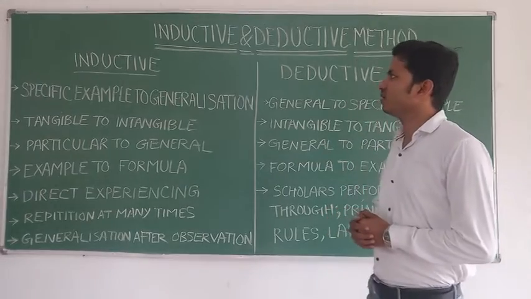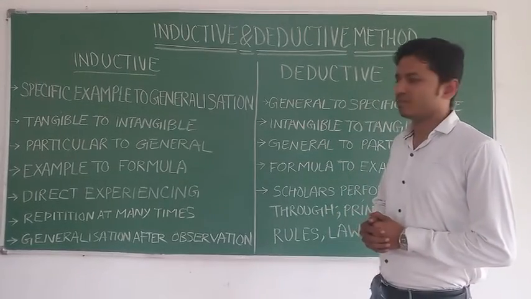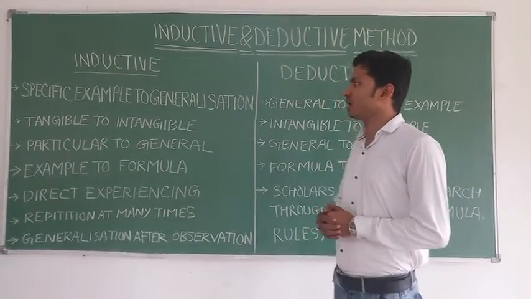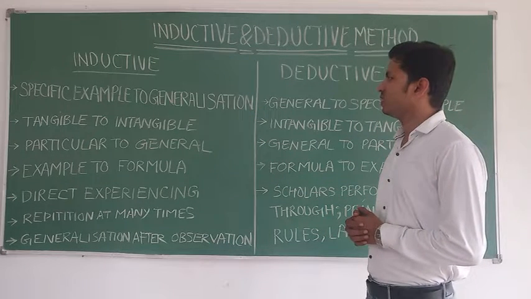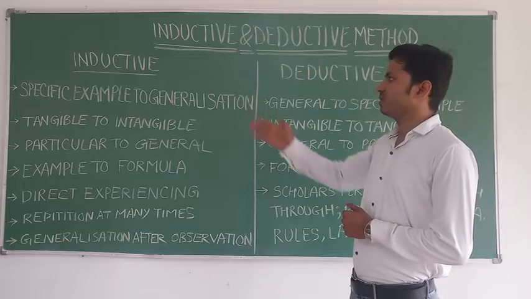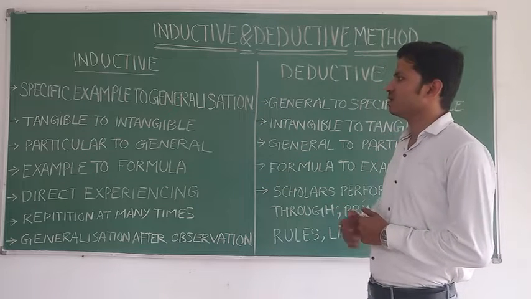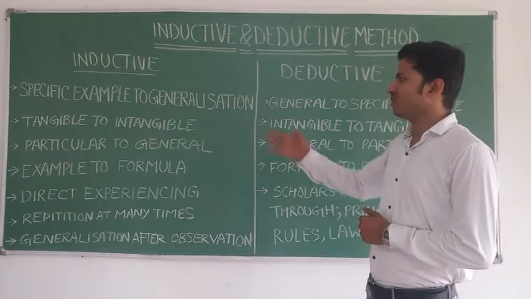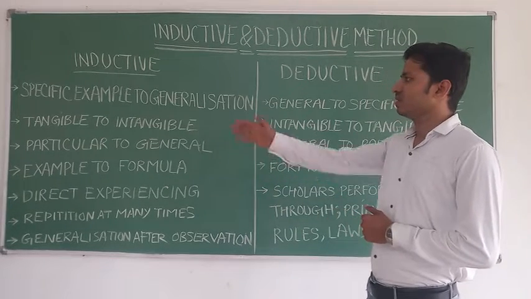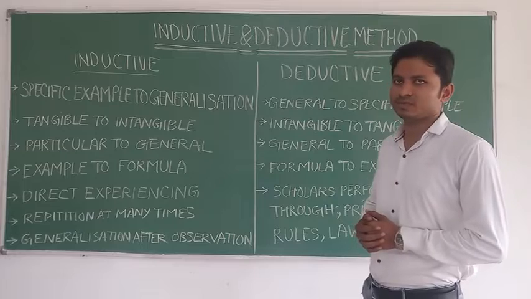In the inductive method, we will focus on these subtitles. The first one is specific example to generalization. The second one is tangible to intangible. Next is particular to general.